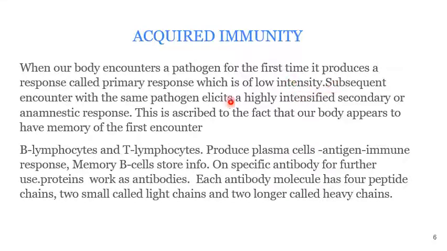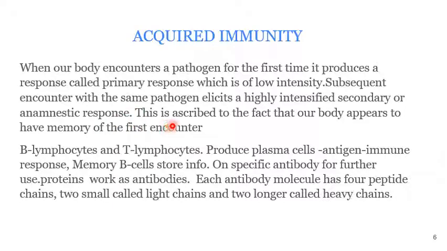Then on subsequent encounter, whenever the second attack takes place by the pathogen, the pathogen contains antigen that elicits, that is, produces the cells to react highly and produce the secondary or anamnestic response that will be stronger.